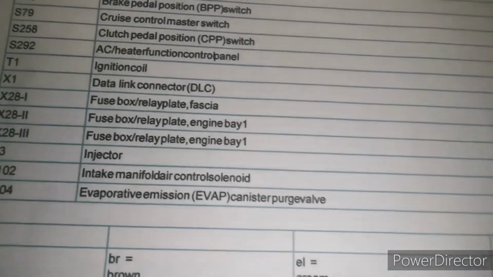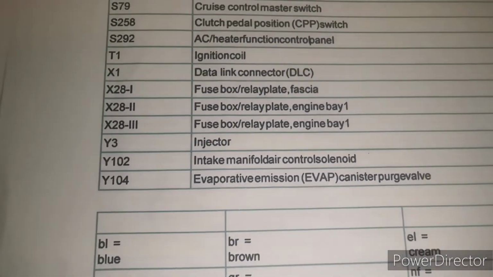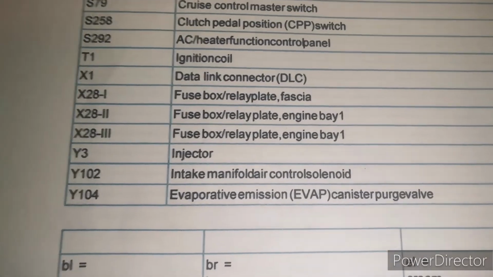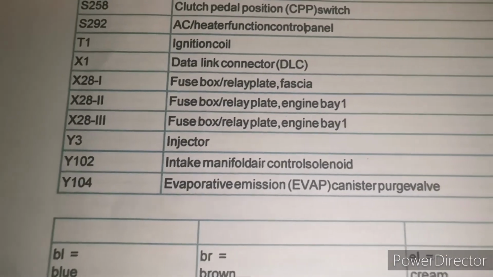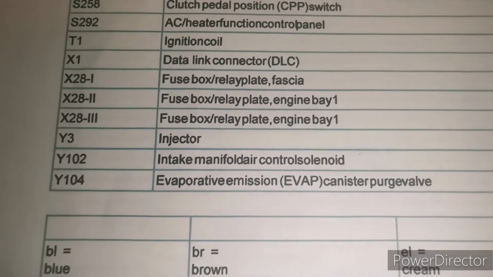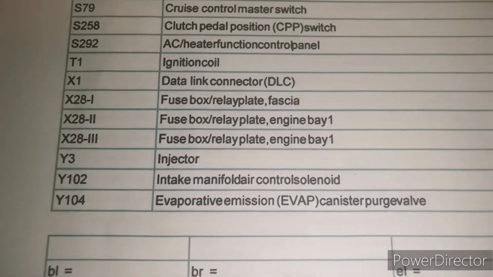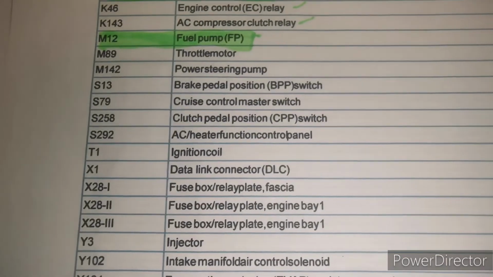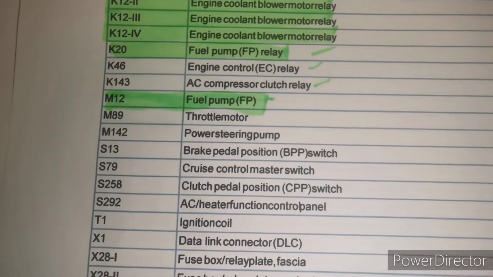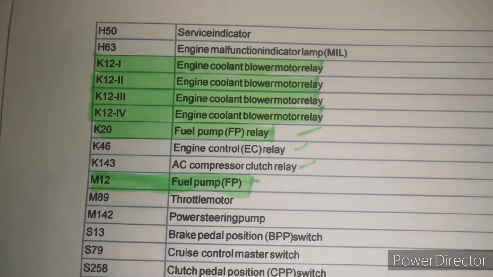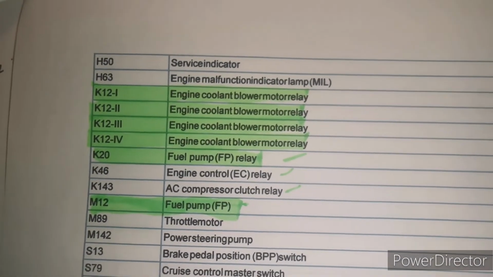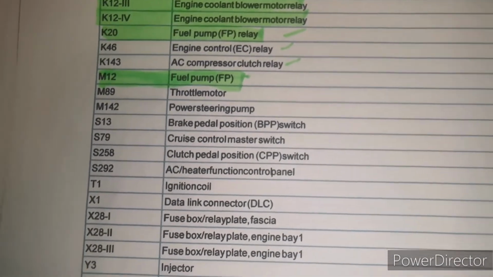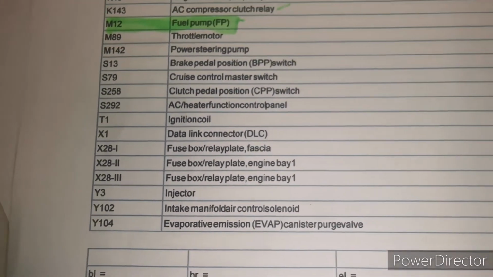So that is the description, guys. Y104, evaporative emission canister purge valve. So if you read the list of the components, there is only one solenoid that is related to the evaporative emission control of the vehicle.